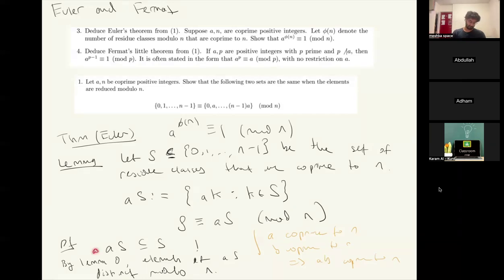If this set is contained in here and they have the same size, they must be the same. Because there's no repeats in AS, it shows that AS is the same size as S. Once one set is contained in another and their size is the same, it means they're the same set.